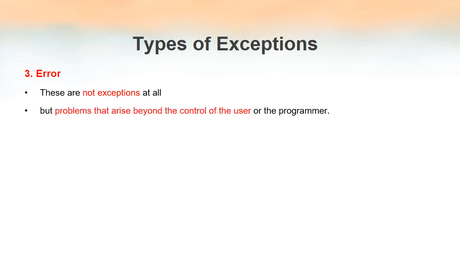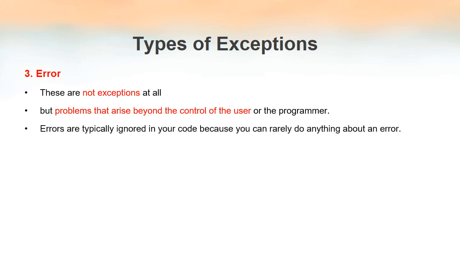The third category of exceptions is known as an error. An error is actually not an exception at all, but these are problems that occur beyond the control of the user or the programmer, so that not even the programmer who typed the program can handle them. When such kinds of errors occur, we typically ignore them, because it's not possible to handle them in any way.